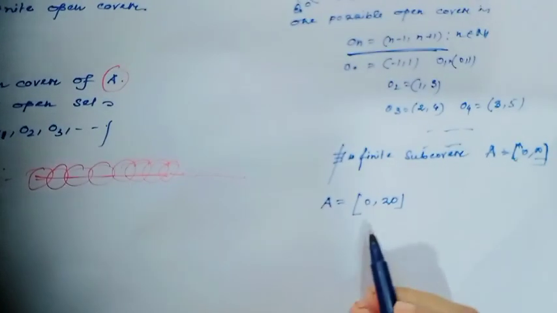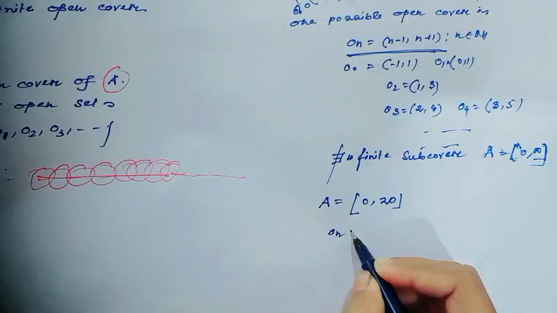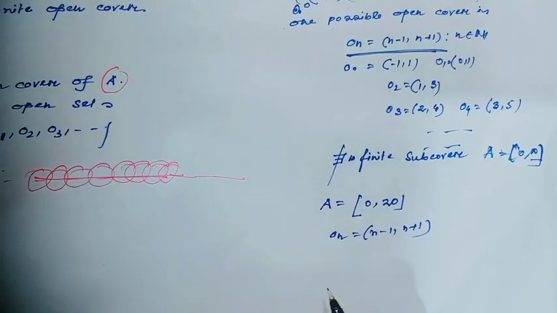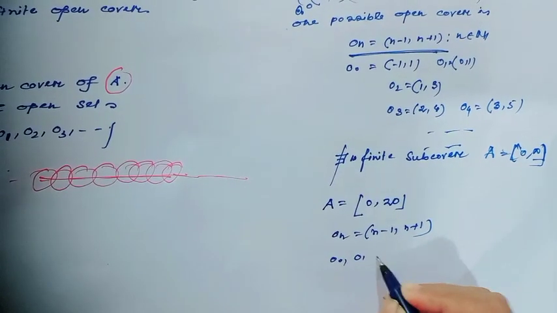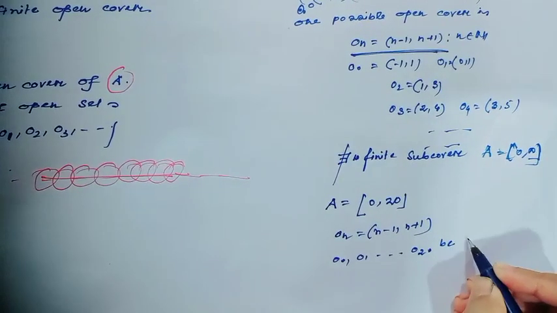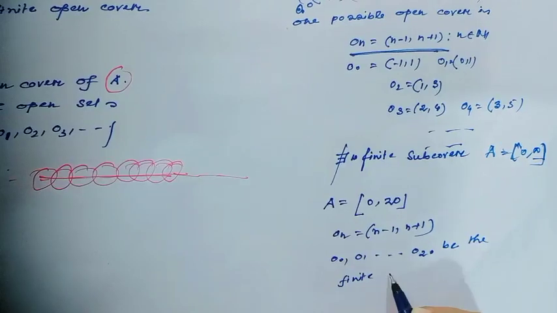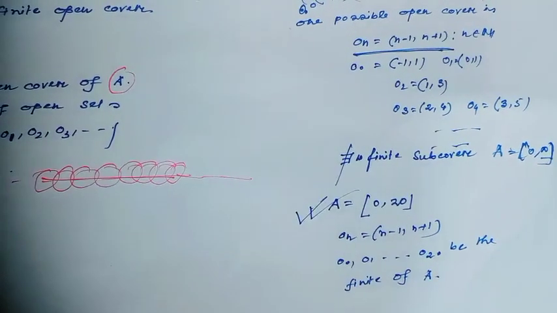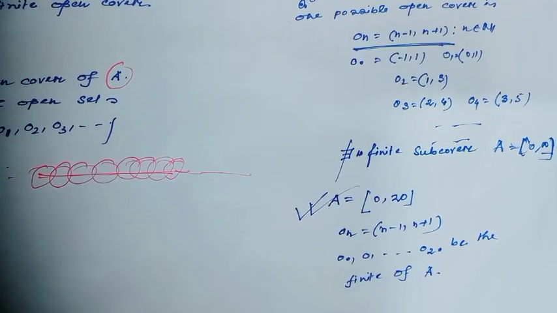Now consider the set A equal to [0, 20] and consider the same open cover (n-1, n+1). Then O0, O1 up to O20 is a finite subcover of this set A. So this cover has a finite subcover. I hope all my viewers have understood what a finite subcover is.